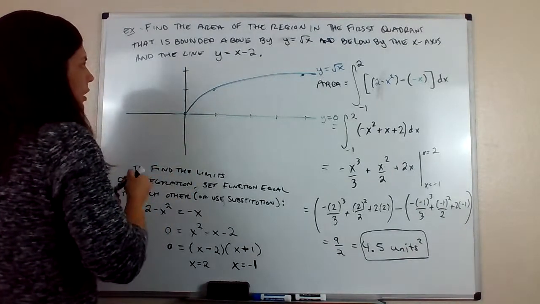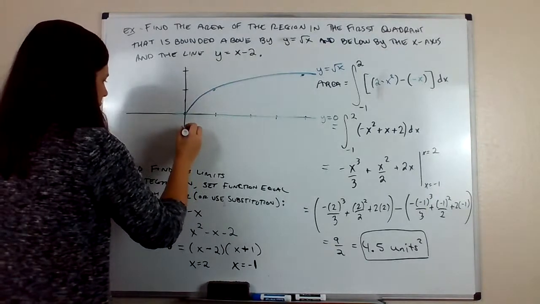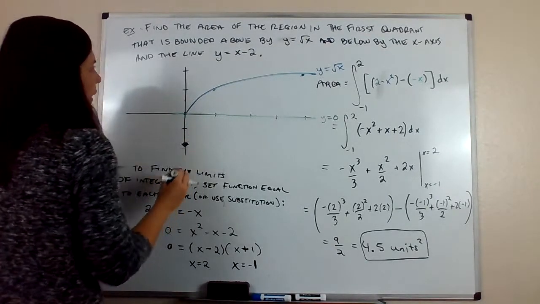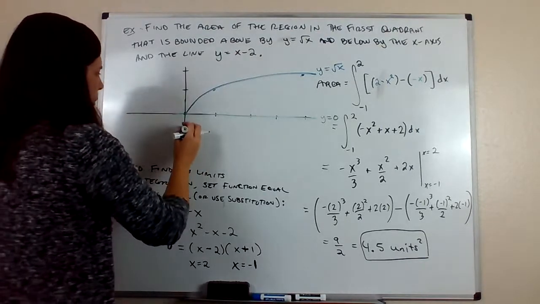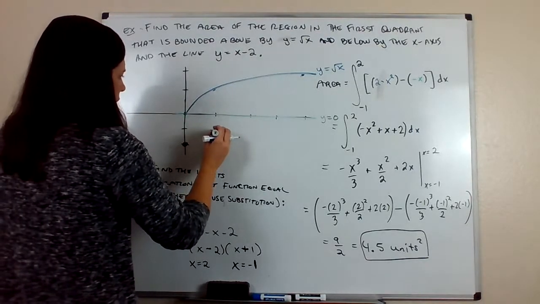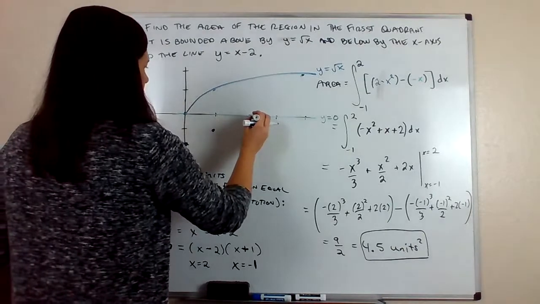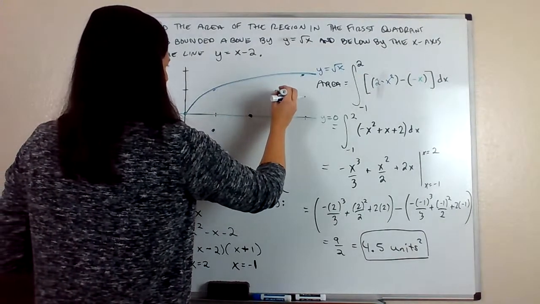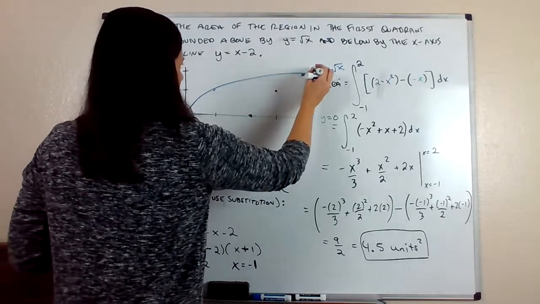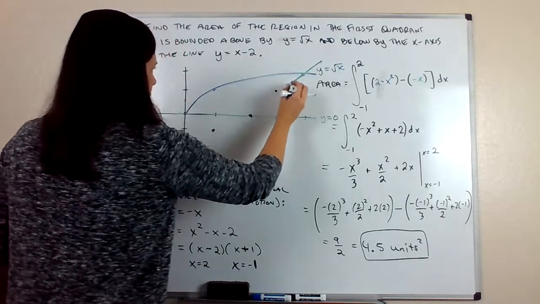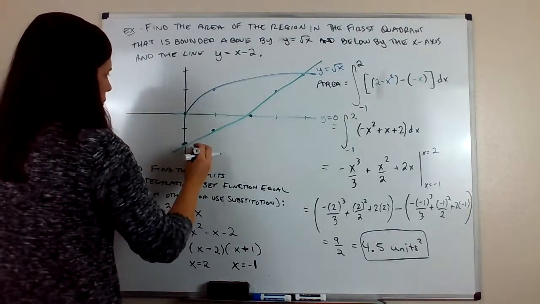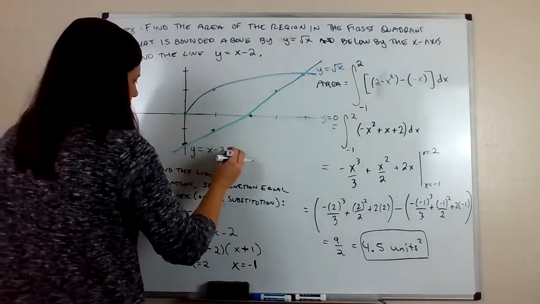I have a y-intercept of 0, negative 2, and then my slope is 1, so I'm going to go up 1 over 1, up 1 over 1, up 1 over 1. Just a quick hand sketch of our region. This is y equals x minus 2.